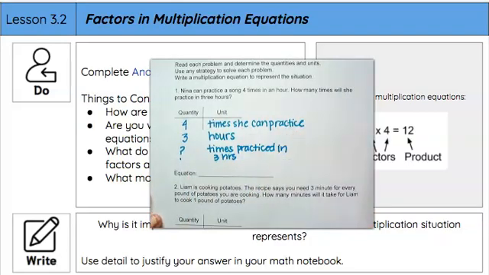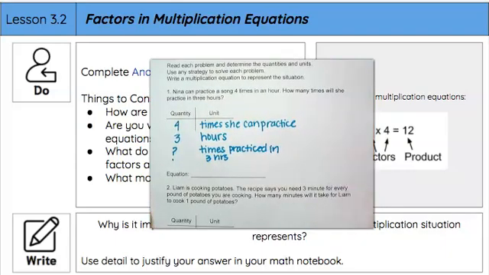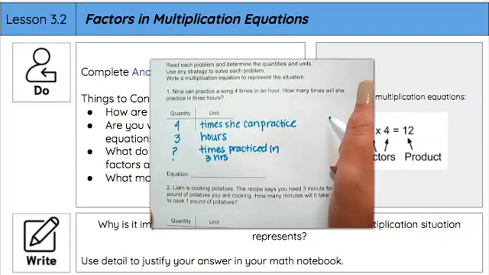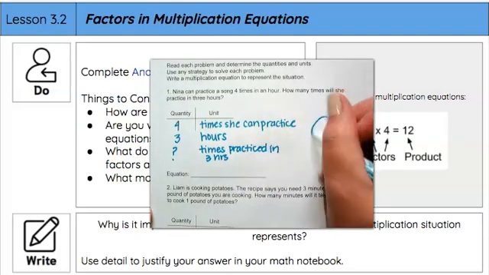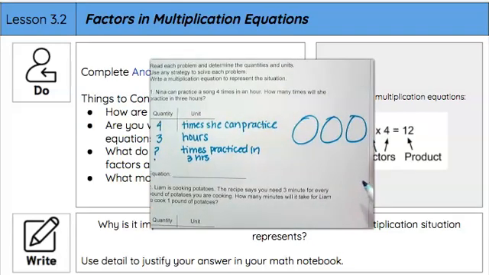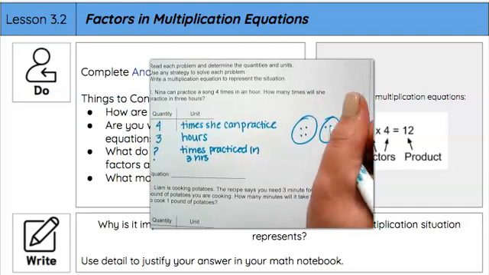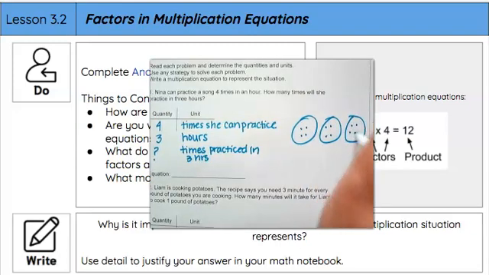I'm going to solve using a picture. So my groups are going to be my hours, and there's 3 of them. And she practices 4 times within each hour. So 1, 2, 3, 4, 1, 2, 3, 4, 1, 2, 3, 4.